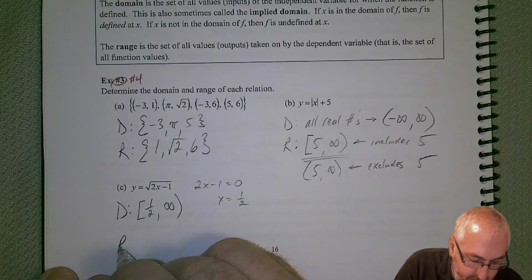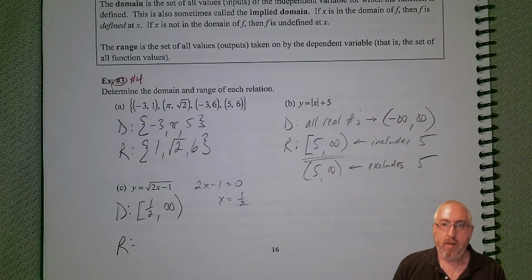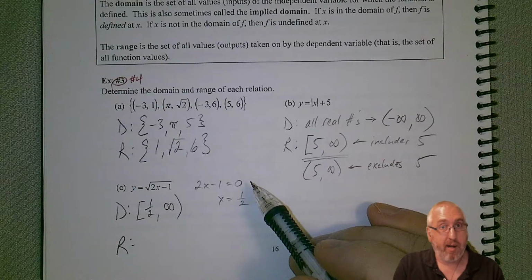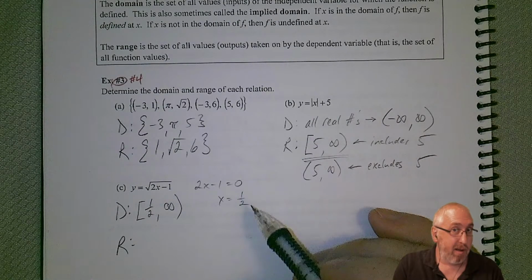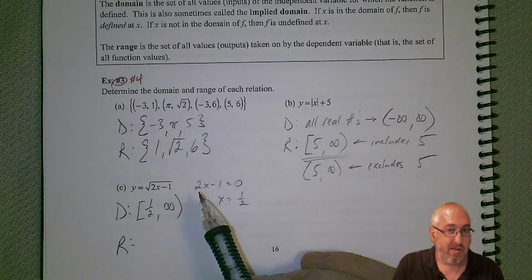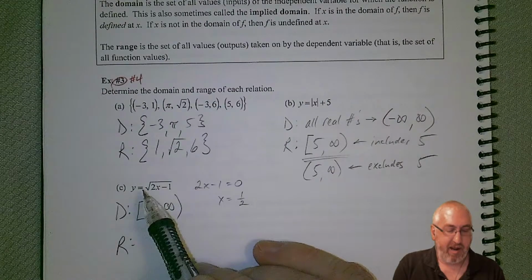Now, what about the range? So what values of y can we get out of it? We know we can get 0, but can we get anything below that? Can you get a negative answer from square rooting something? Not unless you have a negative in front, which we don't.